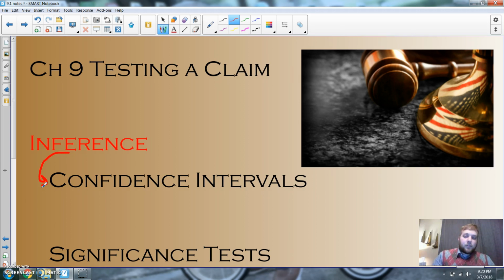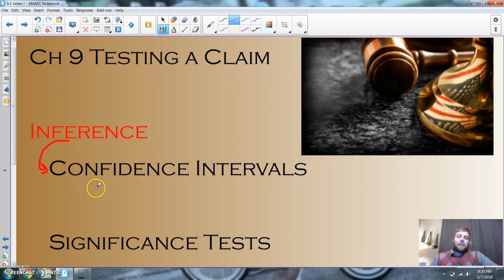I'm taking samples from around me and applying it, saying this is how it really is.